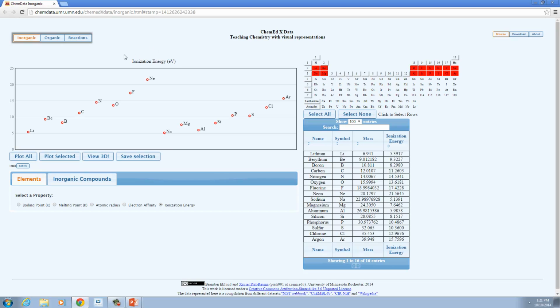And here you can see that going from left to right in the periodic table, lithium, beryllium, boron, carbon, nitrogen, oxygen, it mostly increases. And I say mostly because there are two exceptions, from beryllium to boron and from nitrogen to oxygen.